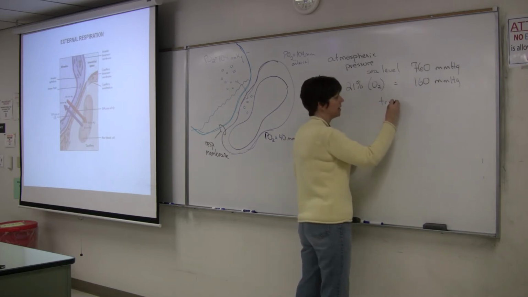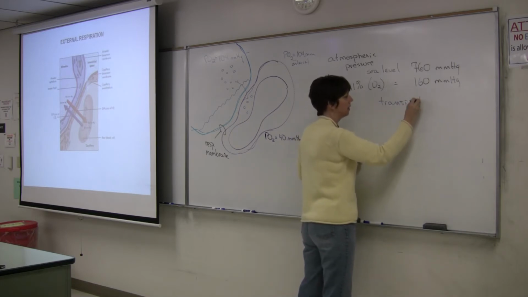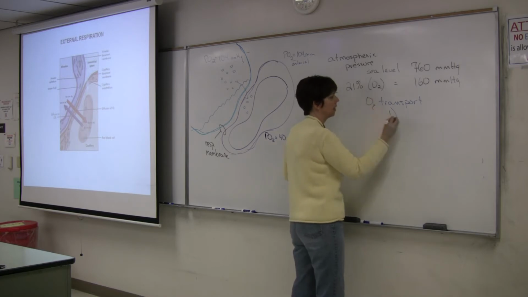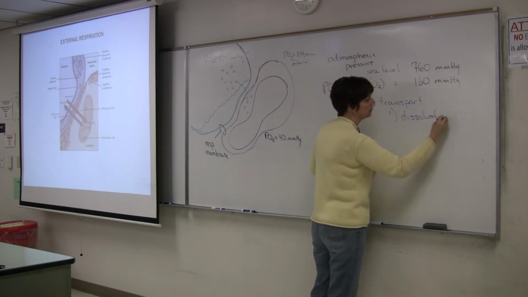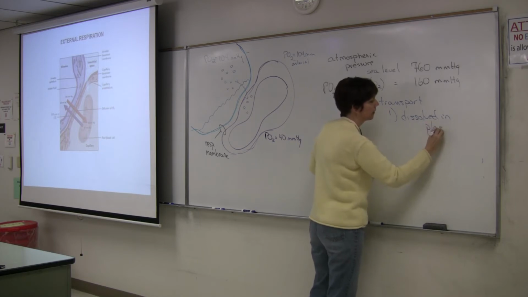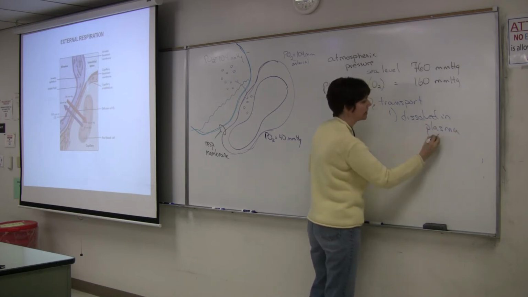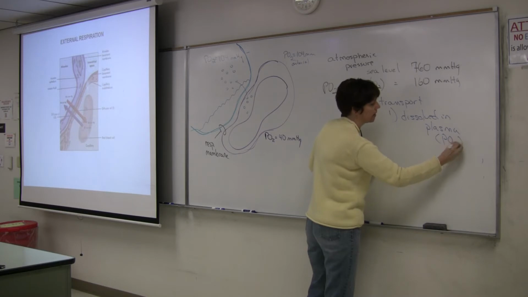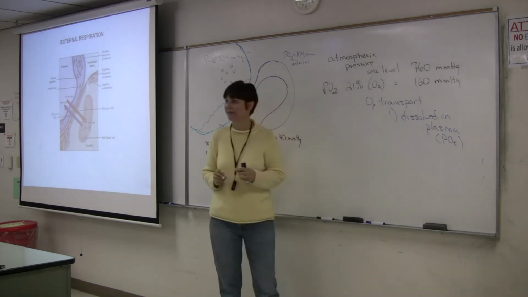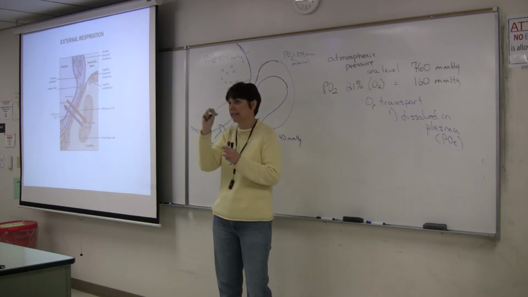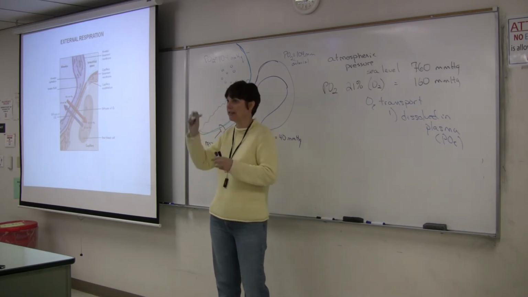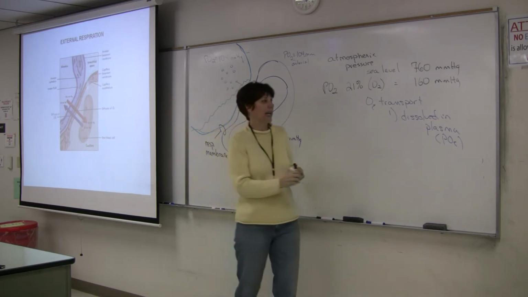So oxygen transport is just dissolved in the plasma. And we measure that as PO2, partial pressure of oxygen. And it usually has a little subscript, arterial or venous or ATM for atmospheric, to talk about where this has been tested.